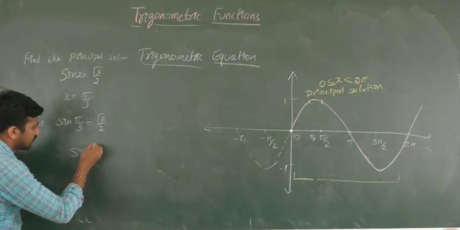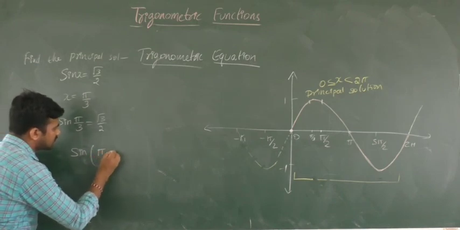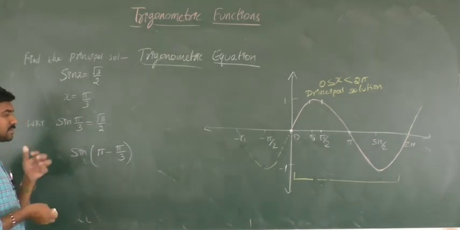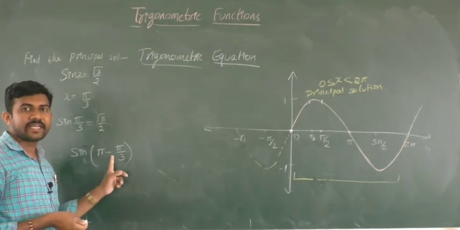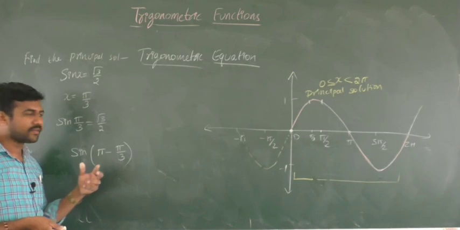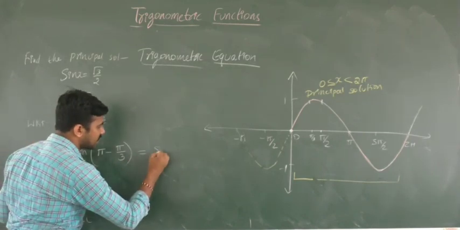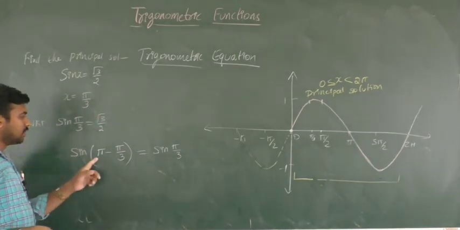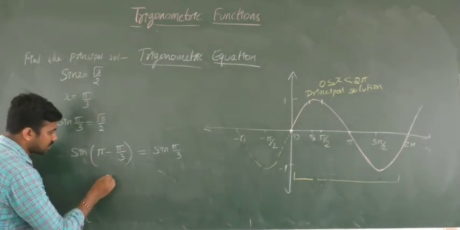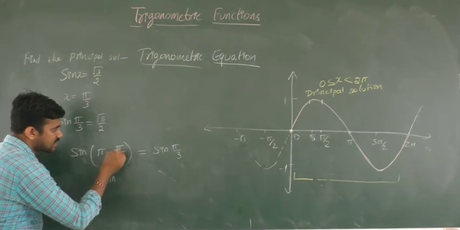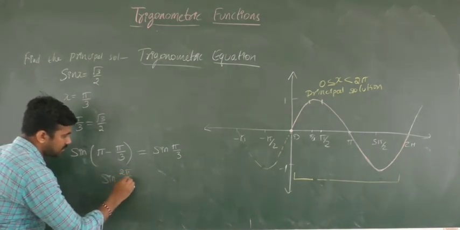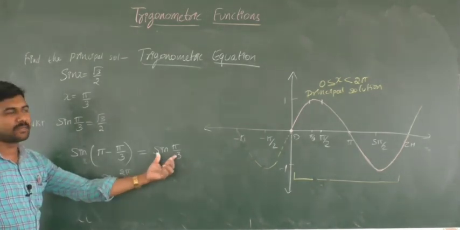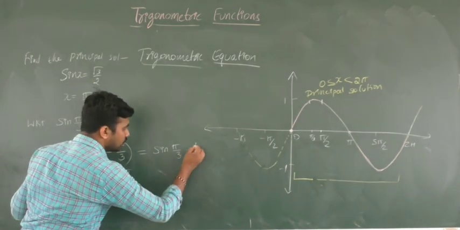Sin pi minus pi by 3. What does sin pi minus pi by 3 mean? Sin of 180 degree minus theta, an allied angle, gives the same sin theta, so sin pi by 3. Taking the LCM, pi minus pi by 3 is 2 pi by 3. So sin 2 pi by 3 is the same as sin pi by 3, which is also root 3 by 2.